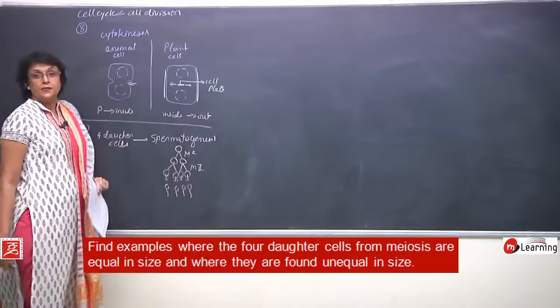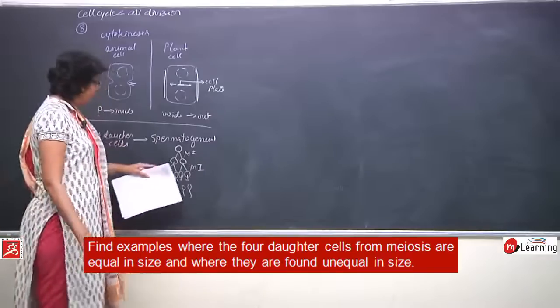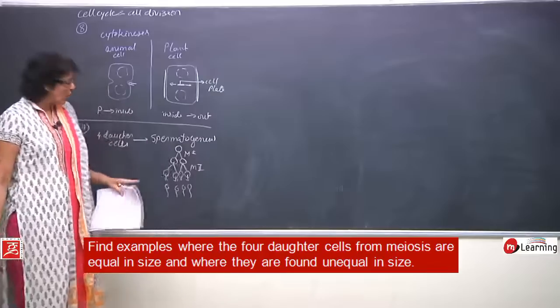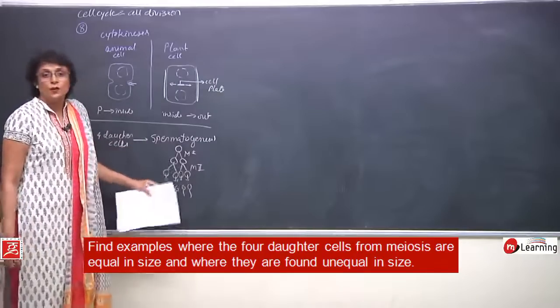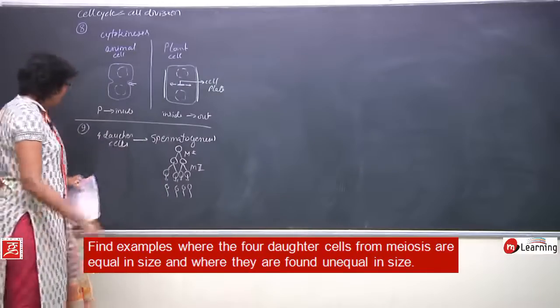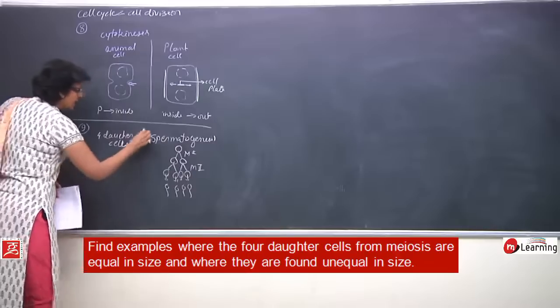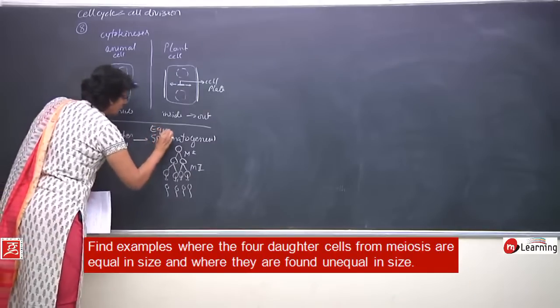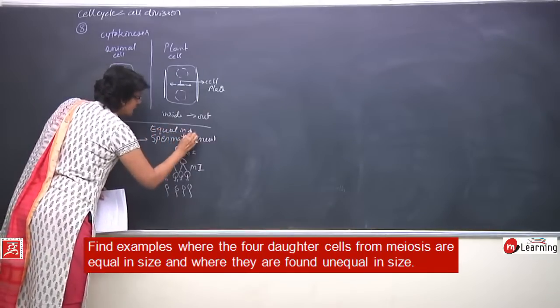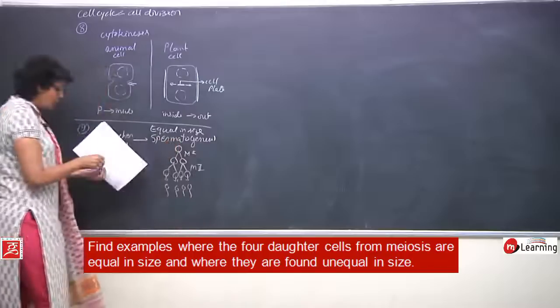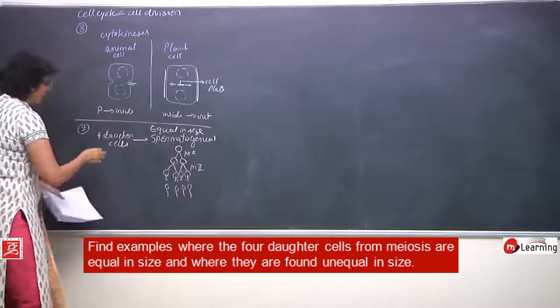All are equal in size. So this is one division where all 4 daughter cells formed as a result of meiosis are equal in size. Now when do we see unequal?